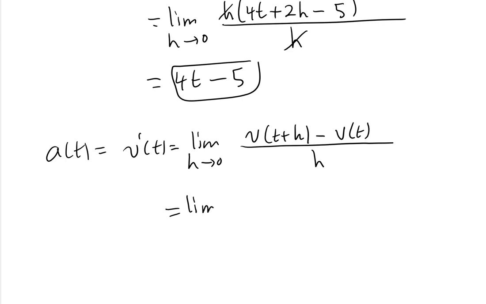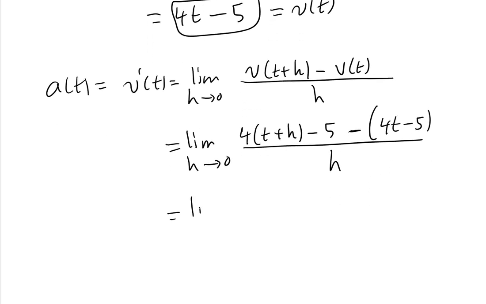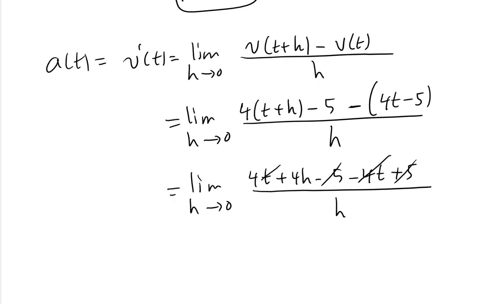This is v of t, so replace every t with t plus h: 4(t plus h) minus 5, minus the whole function v of t, all over h. That's the limit as h goes to 0 of 4t plus 4h minus 5 minus 4t plus 5 over h. These cancel, and that equals the limit as h goes to 0 of 4h over h. The h's cancel, so the answer is 4.